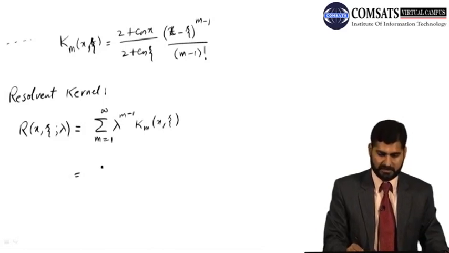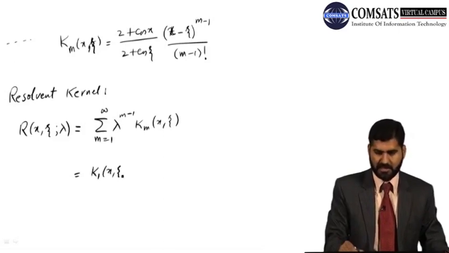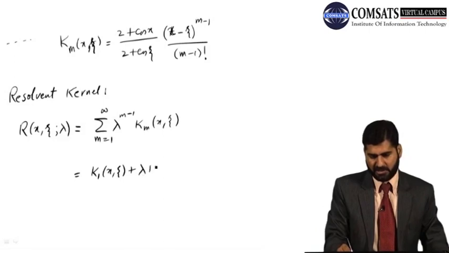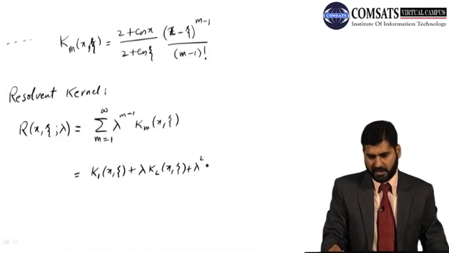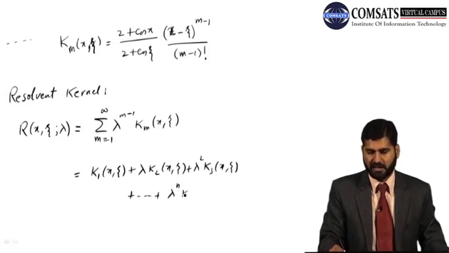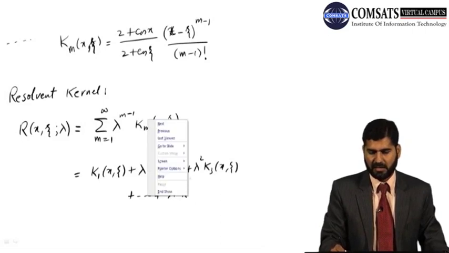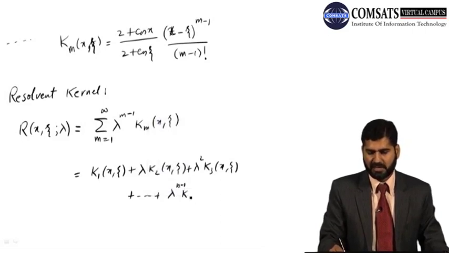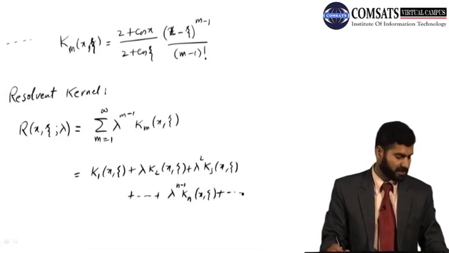So that is k1(x, xi) plus lambda k2(x, xi) plus lambda squared k3(x, xi) and so on, plus lambda to the n minus 1 k_n(x, xi) and so on. All right, this is what you are getting.